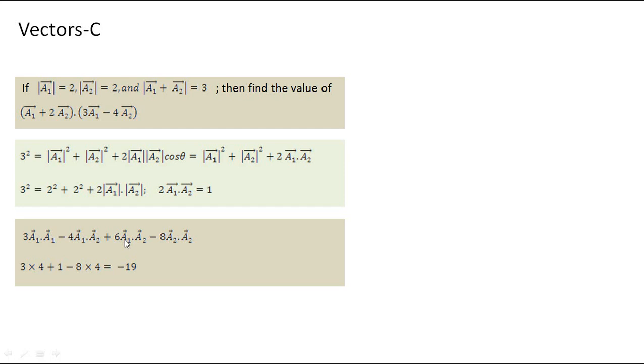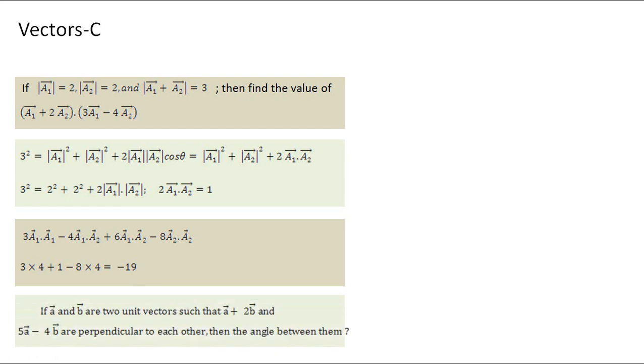So this one is equal to 2 A1 dot A2, and the value of 2 A1 dot A2 is equal to 1. So in place of this whole term, this is equal to 1. And what is minus A2 dot A2? It is the square of the magnitude of A2, the square of 2. So 8 into 2 square, that is 4. We substitute the values, and I find the term is equal to minus 19. So it doesn't look so complicated.